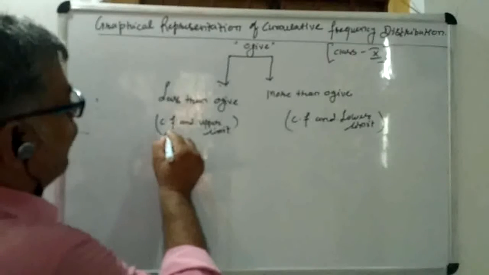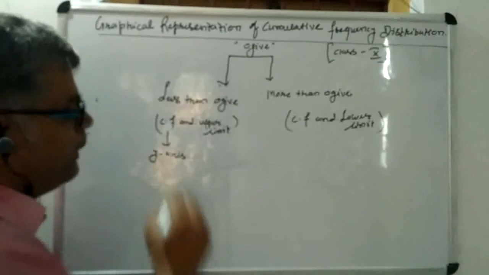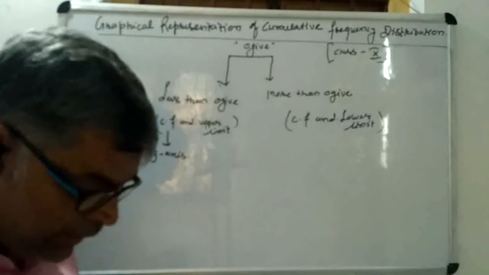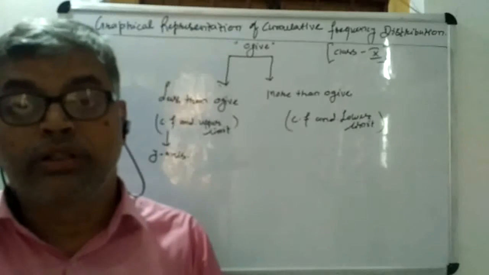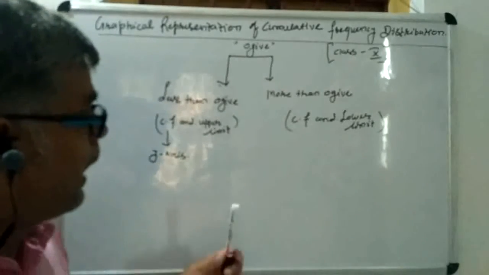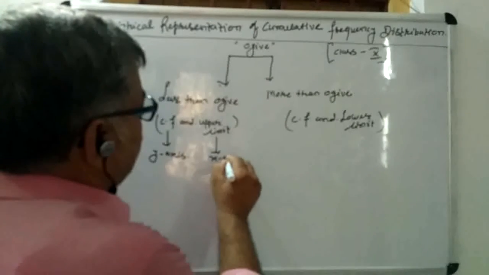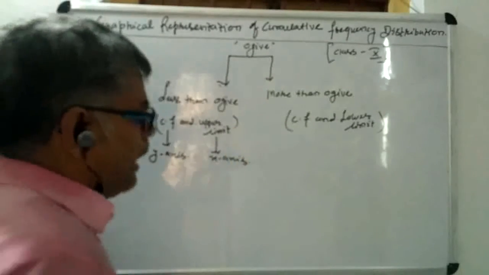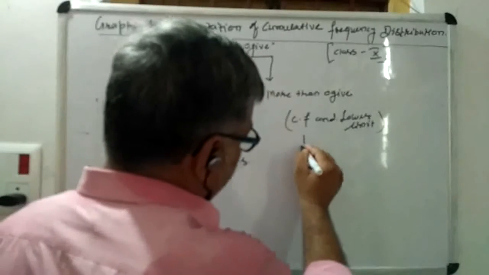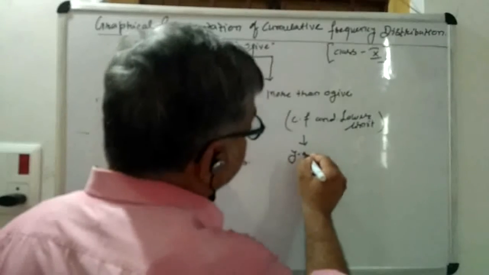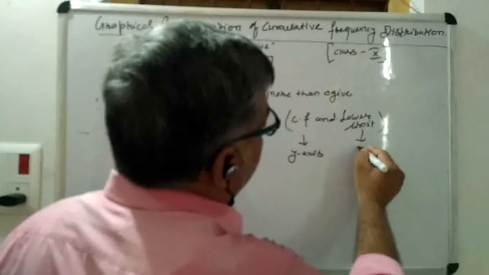Cumulative frequency is always written on the y-axis, and the upper limit will be on the x-axis. In more than ogive also, cumulative frequency will be on the y-axis, but the lower limit will be on the x-axis.